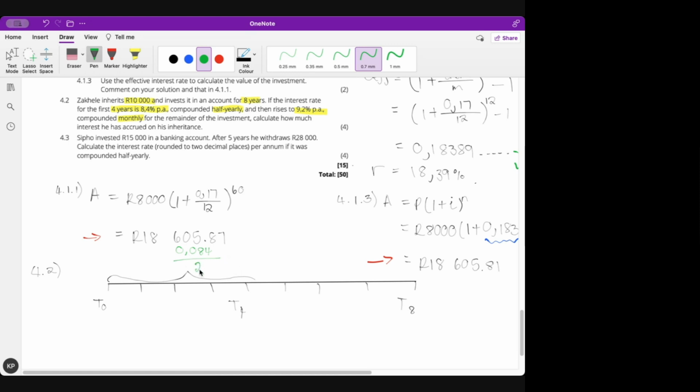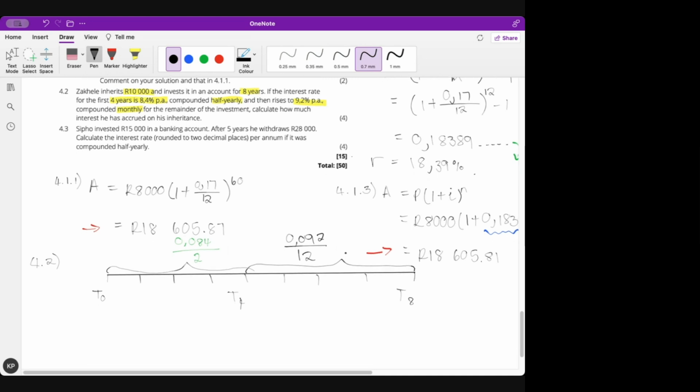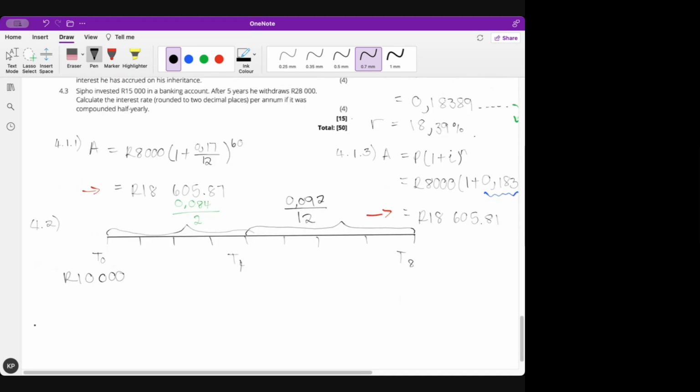That would be twice a year. Okay, thank you. And then for the last 4 years, the interest is 0.092 compounded monthly. So that would be 12 times. We have the same amount here. There are no deposits, no withdrawals. We just want to know the interest.